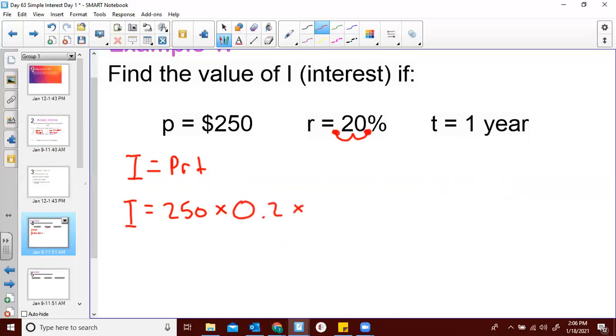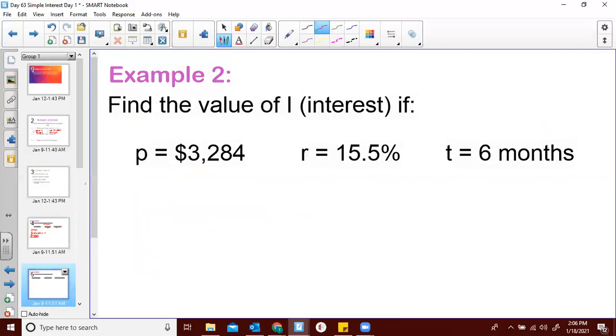Since it's in years, we're good to go, so that's just times 1. When you plug this into a calculator, you will get $50. That's what your interest is going to be.